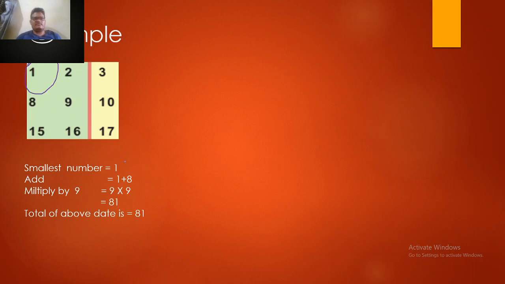The smallest number is 1. Then we have to add 8 to that number. We will get 1 plus 8, 9. Then multiply by 9, next step, so 9 nines are 81. So the total of this box is 81. So the first step is that we have to add 8, and the next step is you have to multiply by 9. You will get the total of that box. Okay, so thank you very much.